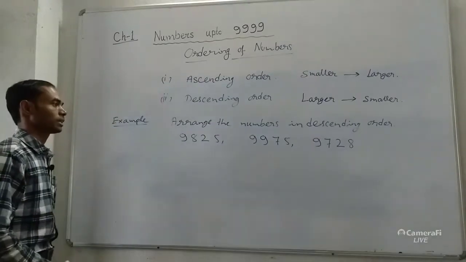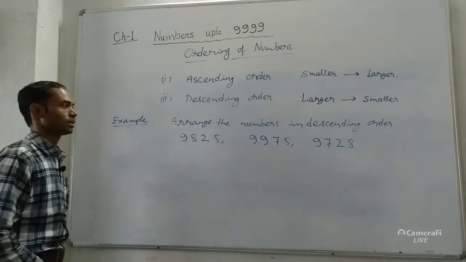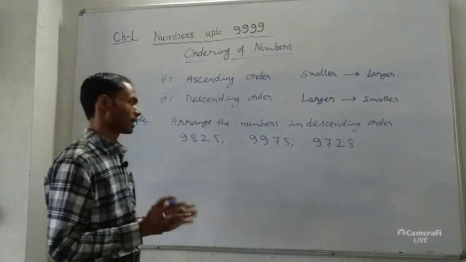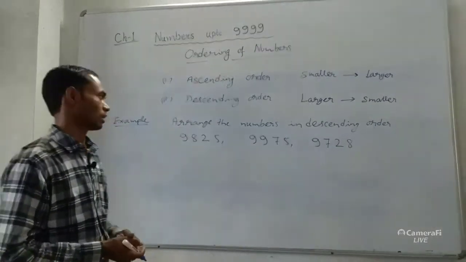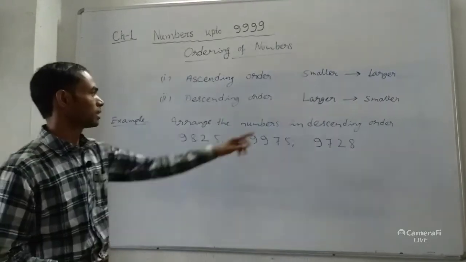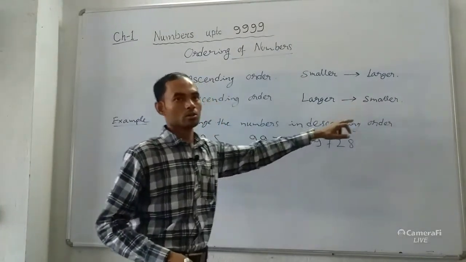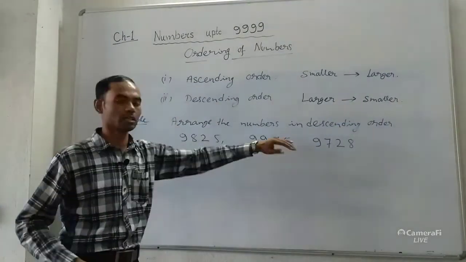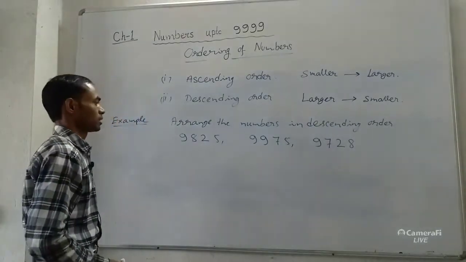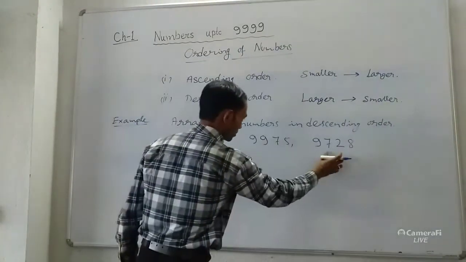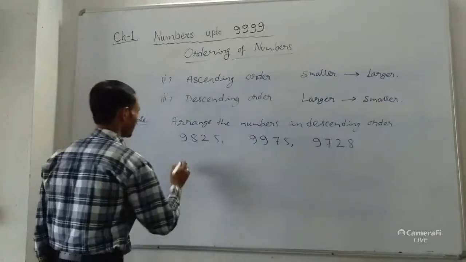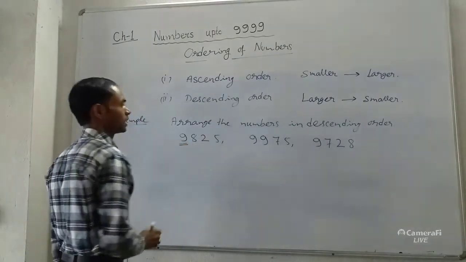These three numbers are taken. You have to arrange the numbers in descending order. So, descending order means larger to smaller. So, we will find which one is larger among these three numbers. Each of the numbers has the same number of digits, 4. Now, we will check the leftmost digit.